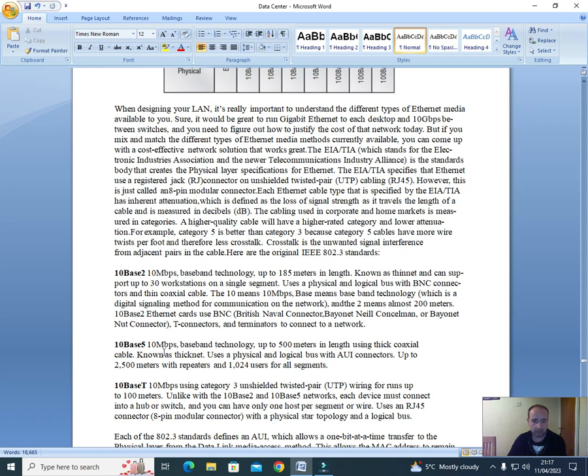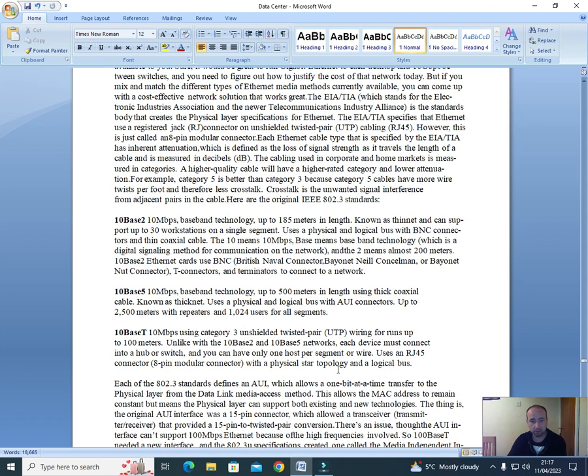10Base5: 10 Mbps baseband technology up to 500 meters in length using thick coaxial cable known as ThickNet. Uses a physical and logical bus with AUI connectors, up to 2,500 meters with repeaters and 1,024 users for all segments. 10BaseT: 10 Mbps using category 3 unshielded twisted pair UTP wiring for runs up to 100 meters.